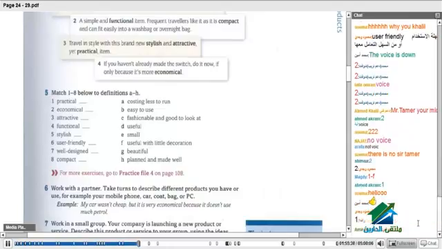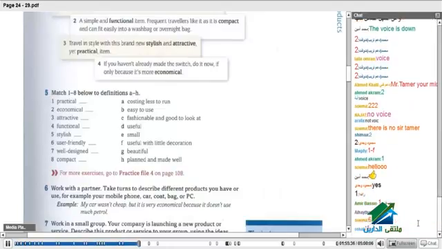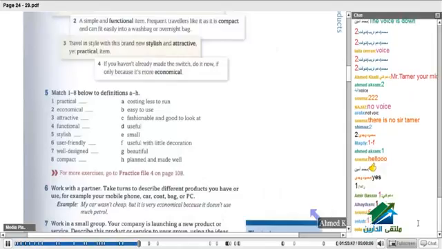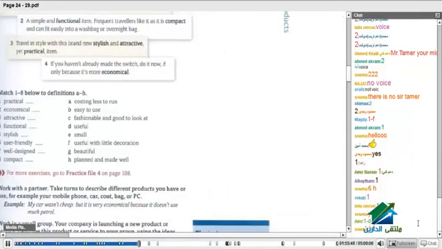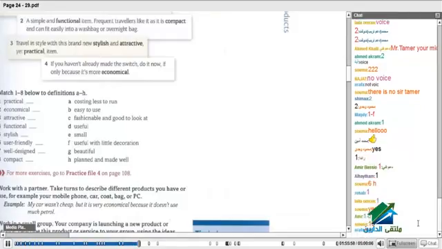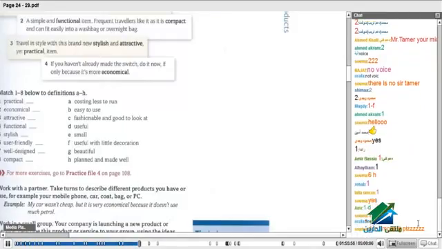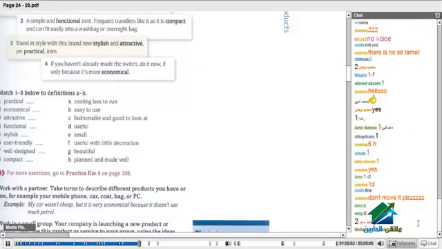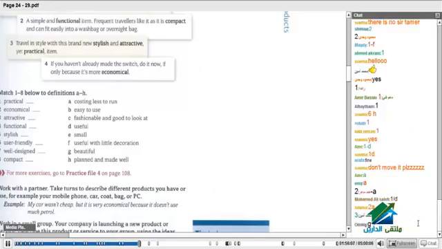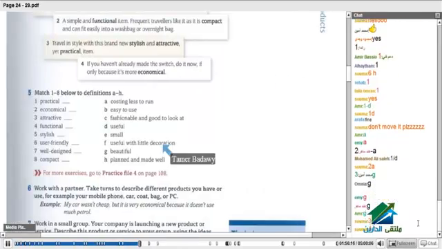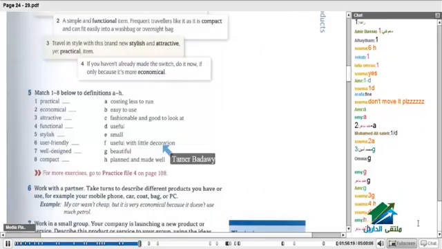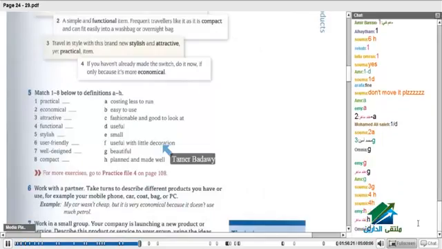We said 1 is D, right? Again, we repeat. 1 is D. Well, 2 is A. Good. Exactly. Number 3 is G. Number 3, attractive, is beautiful.